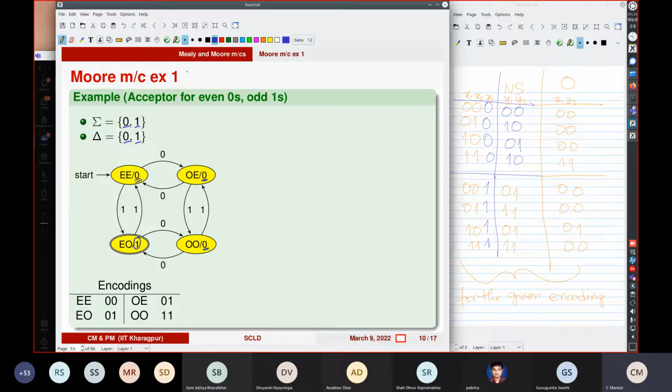You can have basically three encodings: input encoding, output encoding, and state encoding. Here you can see the input and output encodings are trivial.